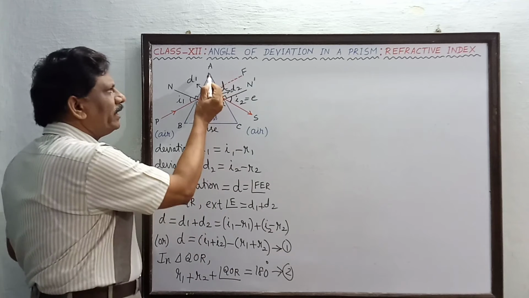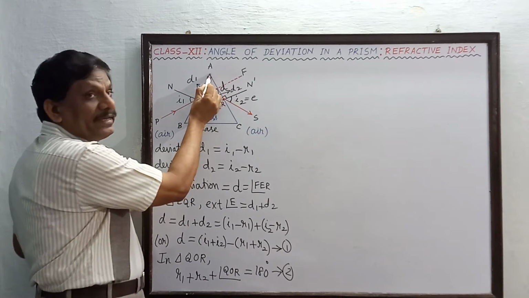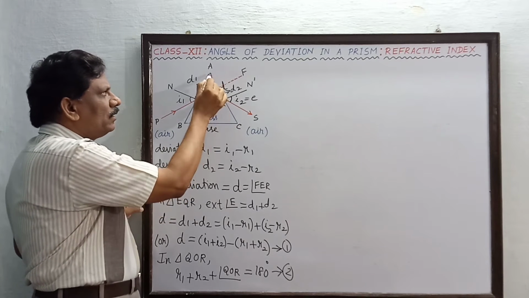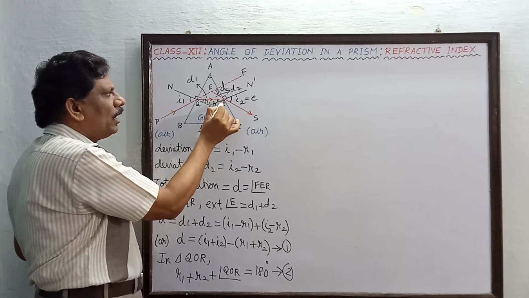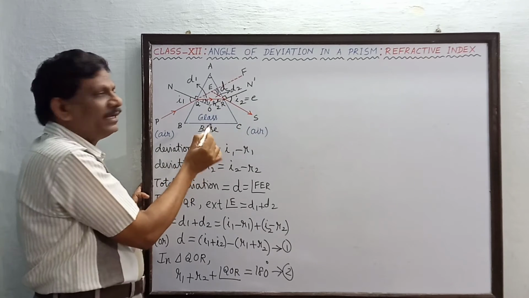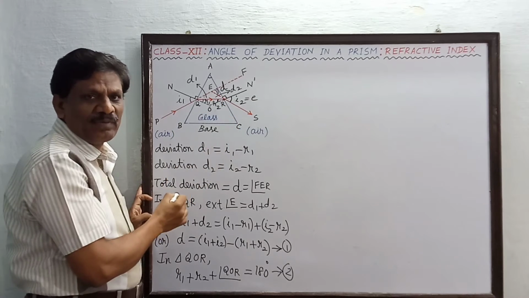Now notice this quadrilateral AQOR. This angle is 90 degrees and this angle is 90 degrees, because the normals are perpendicular to the faces.